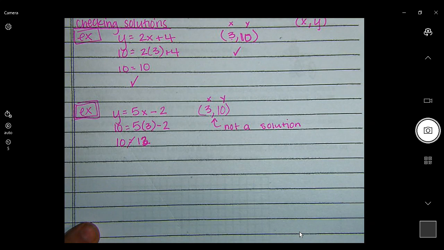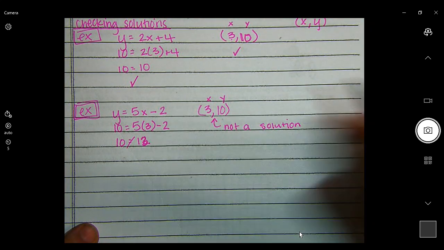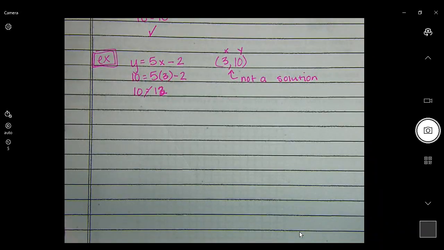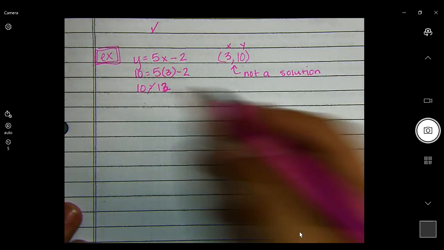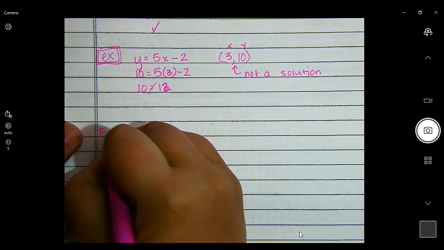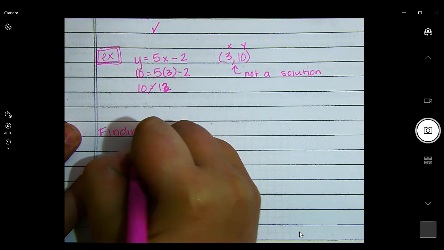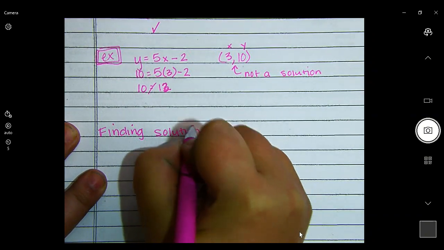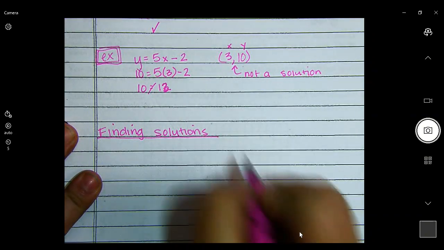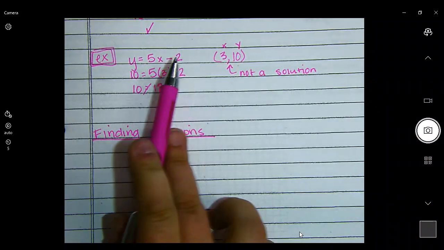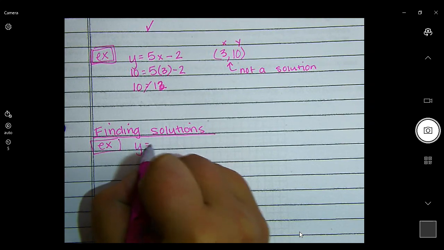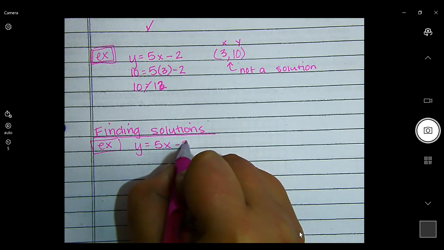All right, but what if I wanted to find a solution for that? Okay, so I know that that is not the correct solution, but I'm going to try finding a solution now. So finding solutions. Okay, and let's use this same one that we just had up here. y equals 5x minus 2.